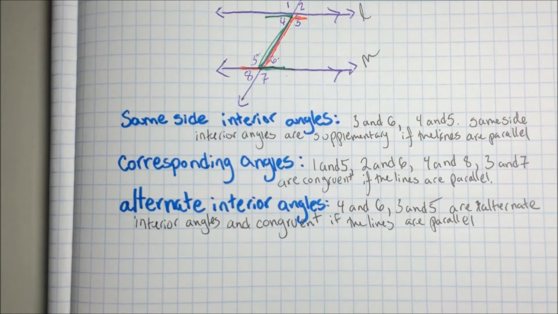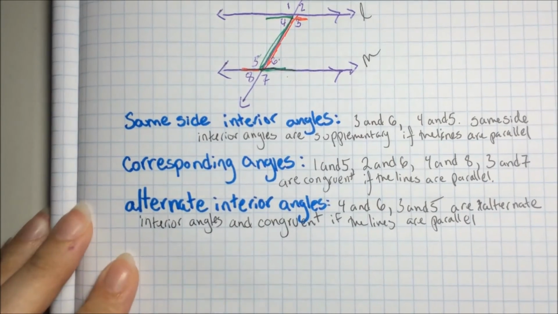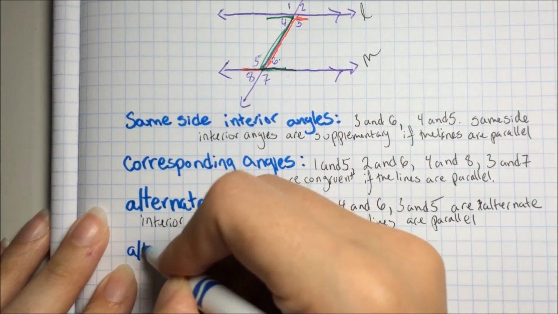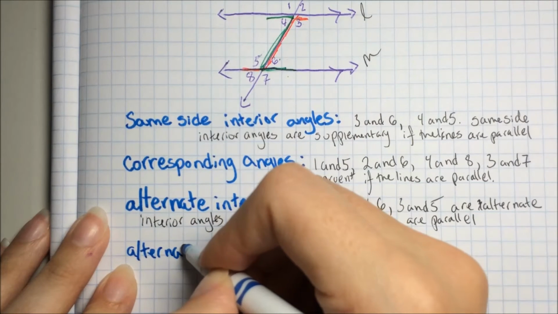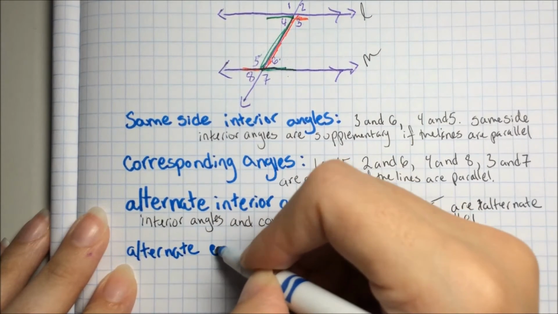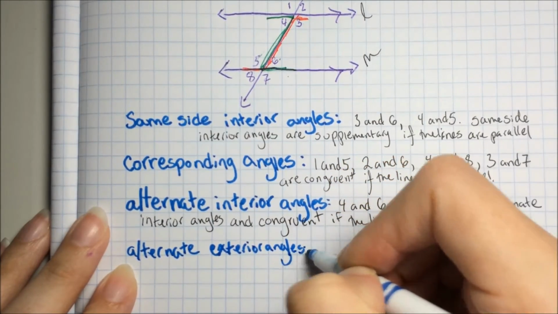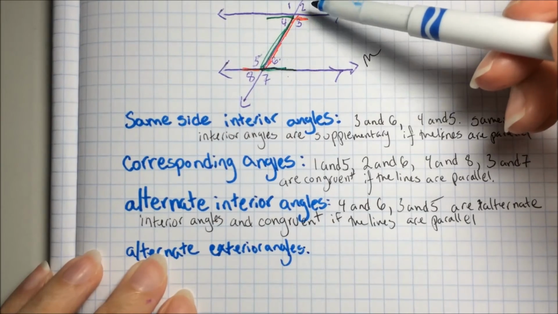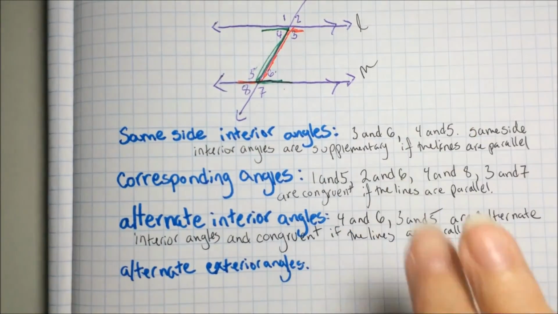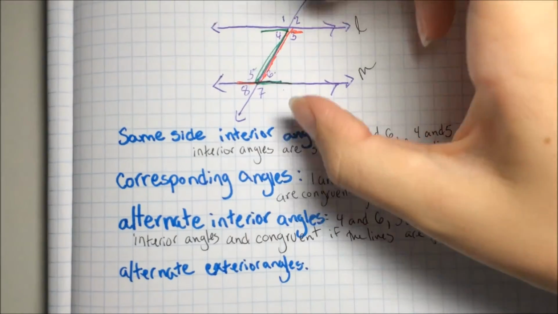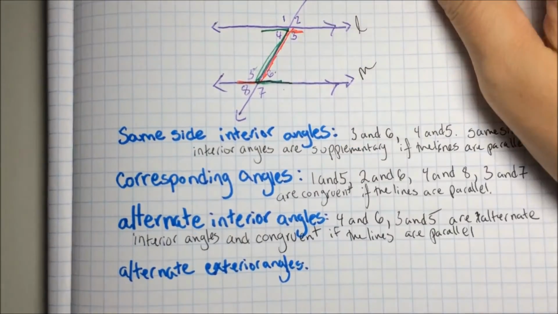Okay? Now there are a couple other angle pairs that we could figure out, but don't need to necessarily know the names. So some of the other ones are alternate exterior angles. So those are angles that are on opposite sides of the transversal and on the exterior part of the line, so they're outside the lines rather than inside the lines.